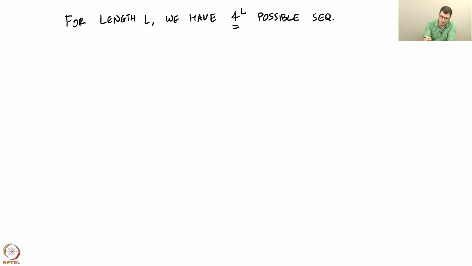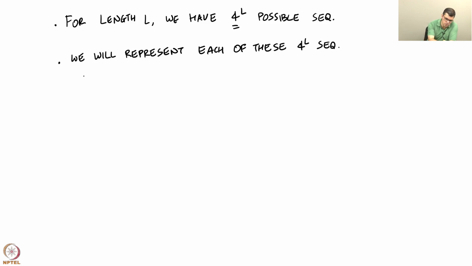Which is a huge number if L is the genome of an organism or even a gene. What we are going to do in building this geometric construct is that we will represent each of these 4 to the power L sequences with a node.